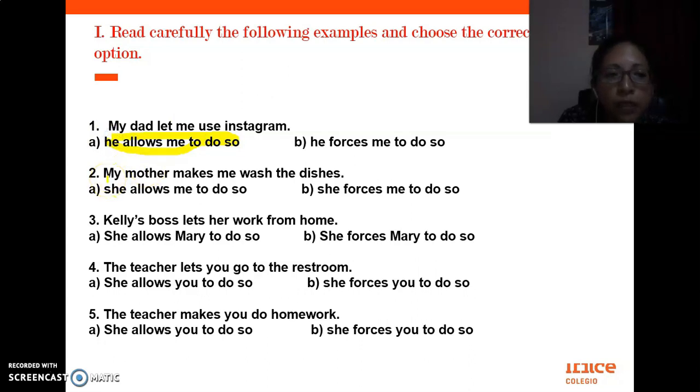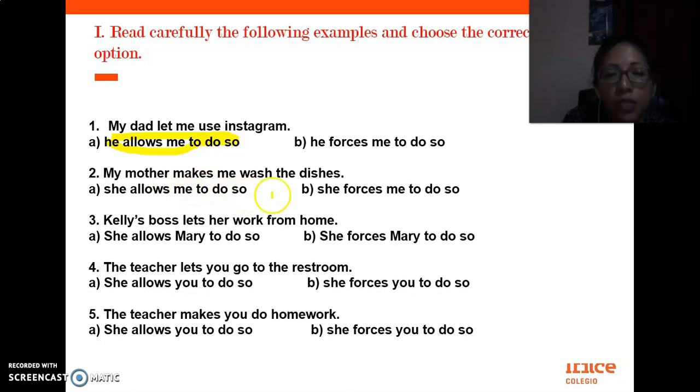Number 2. My mother makes me wash the dishes. That means A. She allows me to do so. Or B. She forces me to do so. Remember that makes means to force somebody else to do something he or she doesn't like to do.